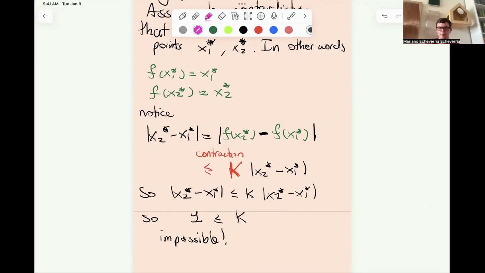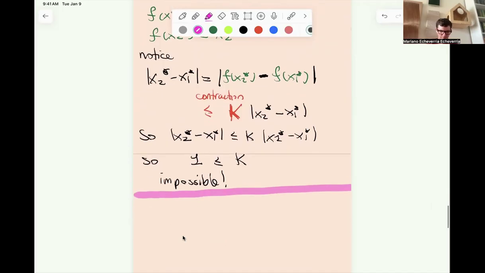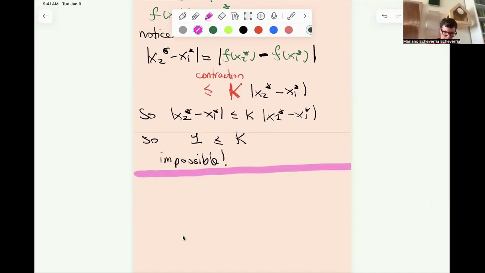Okay, so let me finally write it down. Here's what the fixed point theorem says.